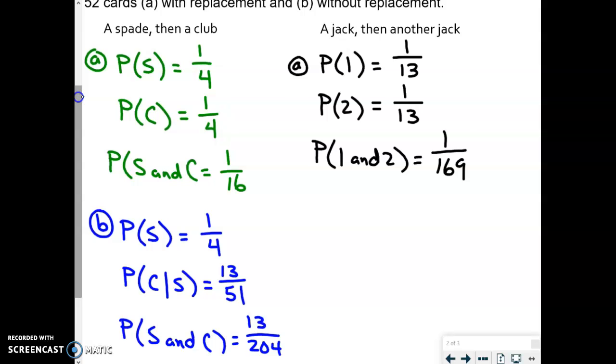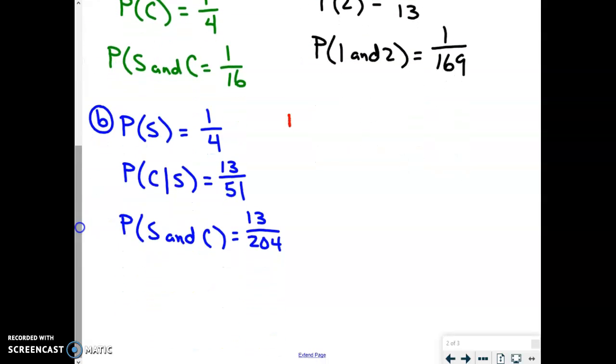Now the second part of this scenario involves doing it without replacement. So we take it out, we leave it out, and then we draw again. So the probability of drawing 1 jack would still be equal to 1 out of 13, because 1 out of every 13 cards is a jack. However, if we take one of the jacks out of the deck and leave it out, there's only 3 left in there out of the 52 cards that we have.